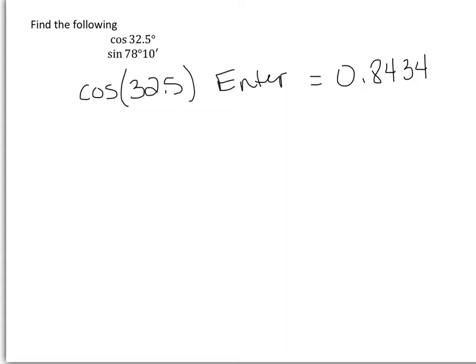When you're looking at a problem that's more like this, where you're in degrees and minutes, it's still pretty simple. You'll hit the sine key, the parenthesis will show up. Here you'll have to put in the 78 degrees and 10 minutes. The way that you do that is you will hit second apps.